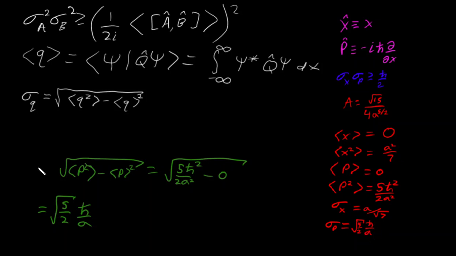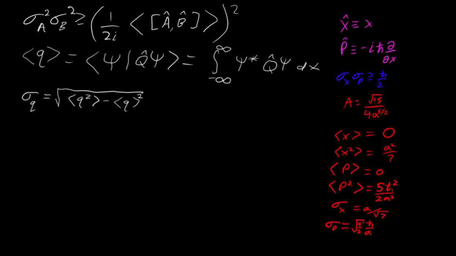And now finally, we see that sigma x times sigma p, using these values, is a over root 7 times root 5 over 2 h bar over a. The a's are going to cancel.